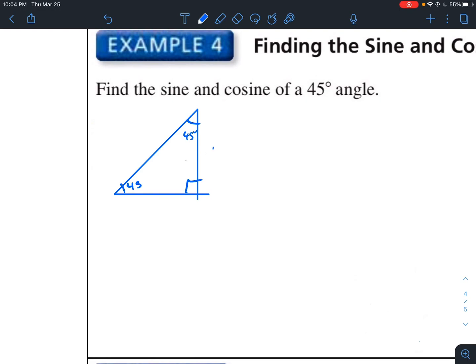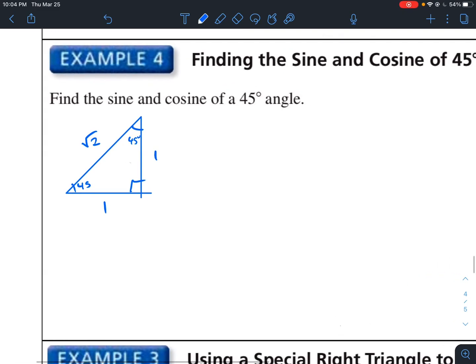So we can just state them as a ratio of 1 to 1. And the hypotenuse is square root of 2 times larger than the leg. So 1 times the square root of 2, but we're just going to leave it as square root of 2.